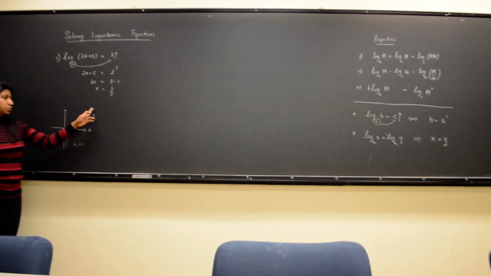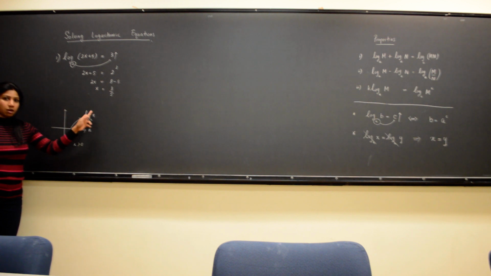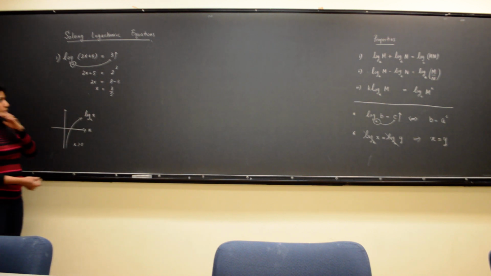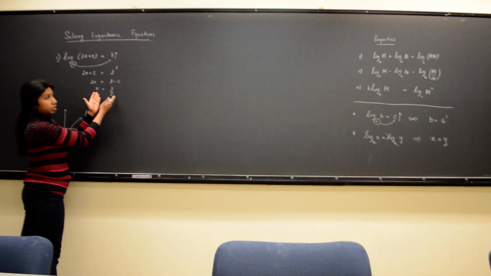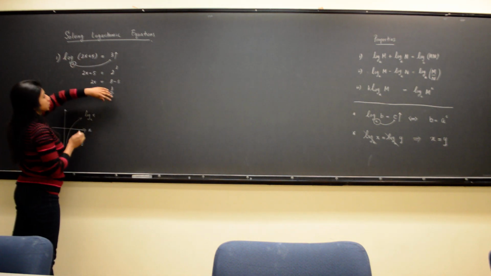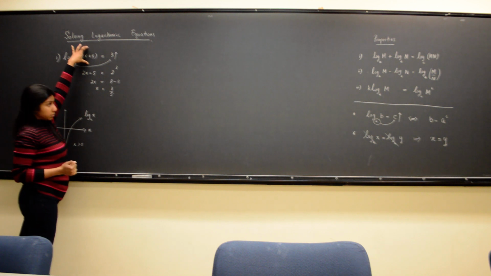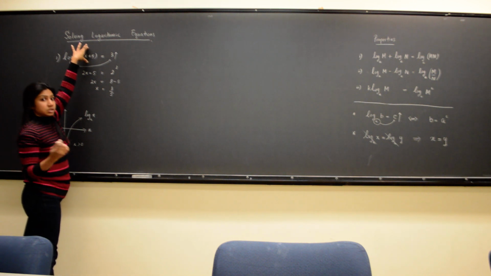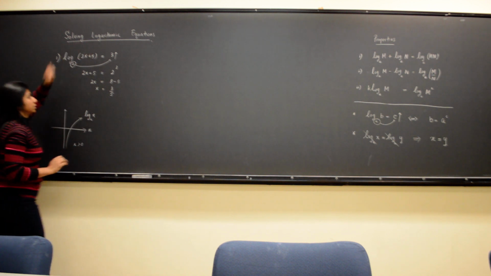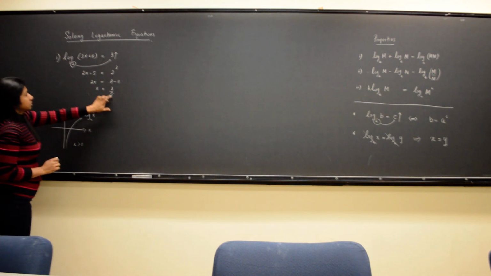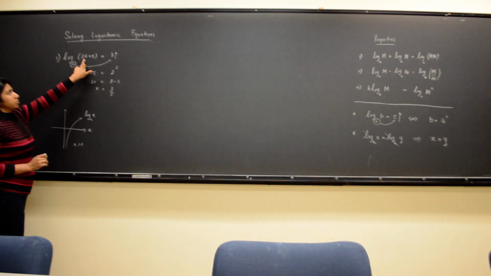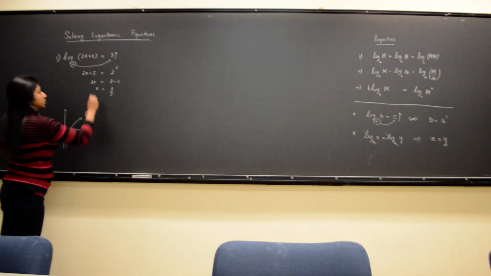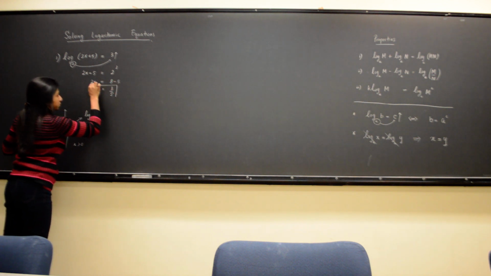So whenever you have a negative value inside the log term, it cannot be defined. So you have to make sure the value you get, when you check it with the original expression, will give you a defined value, otherwise it's undefined. Now you can see this value does not have any problem here. It will keep this positive. So this is an acceptable answer.